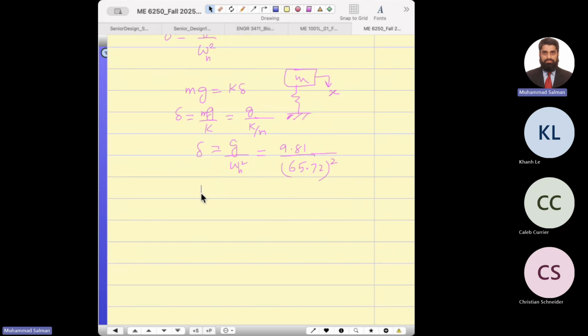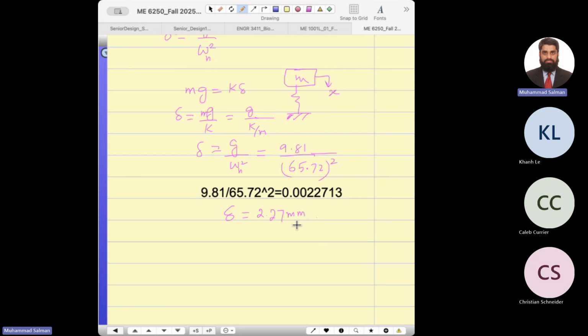If you solve for this, I would say like 2.27 millimeter is the static deflection.